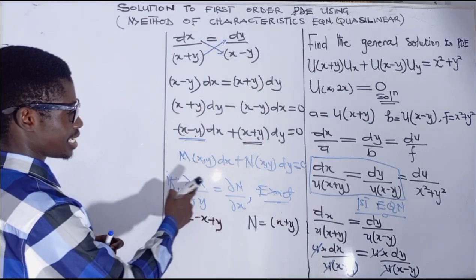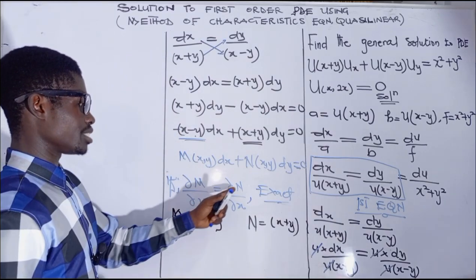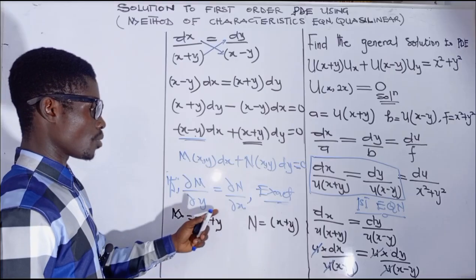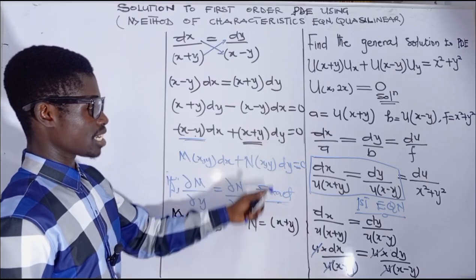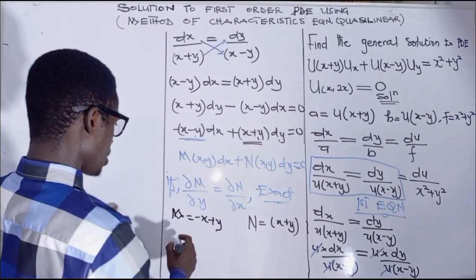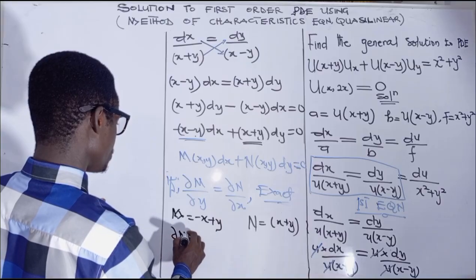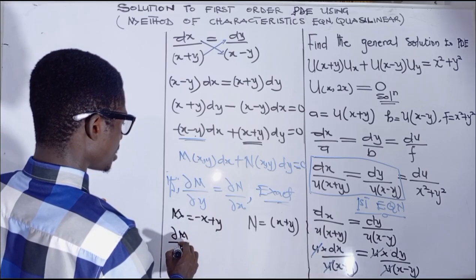Now after that, we find del M del y to see if it is equal to del N del x. If it is equal, then we can say that this differential equation is exact.